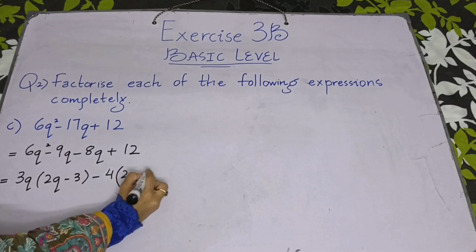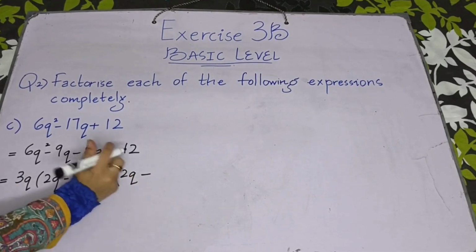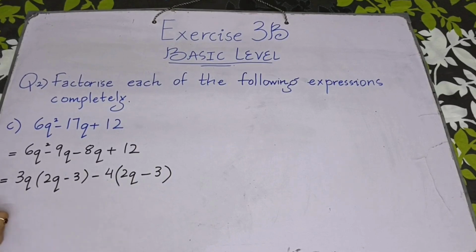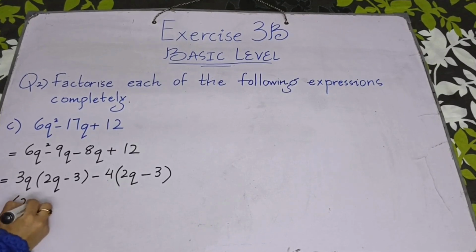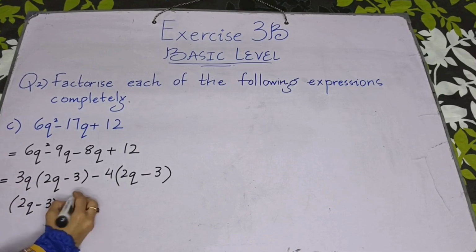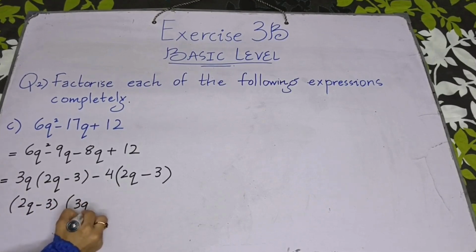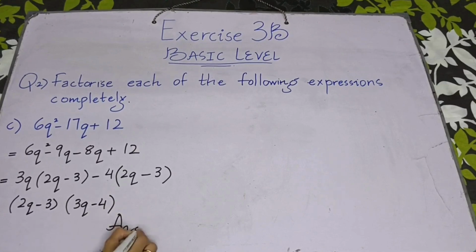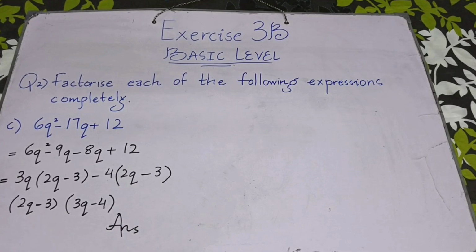Again, if I write minus, then it will become plus. Minus minus plus, 4 times 3 is 12. See, the brackets are same, it means our answer is correct. 2q minus 3, both the brackets are same, we will write it one time, then 3q minus 4. So the answer is 2q minus 3 and 3q minus 4.